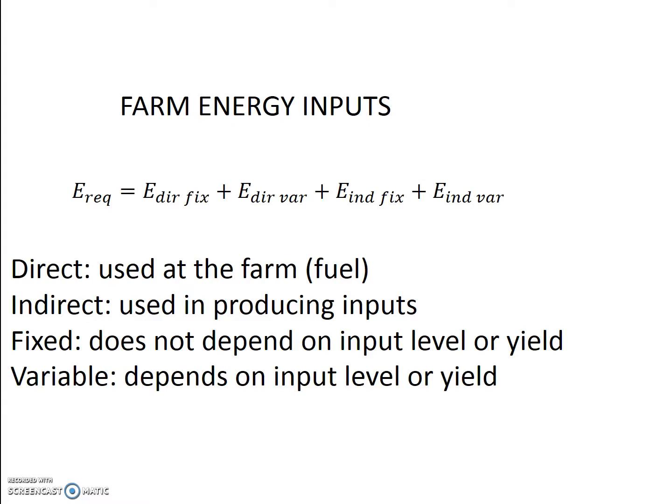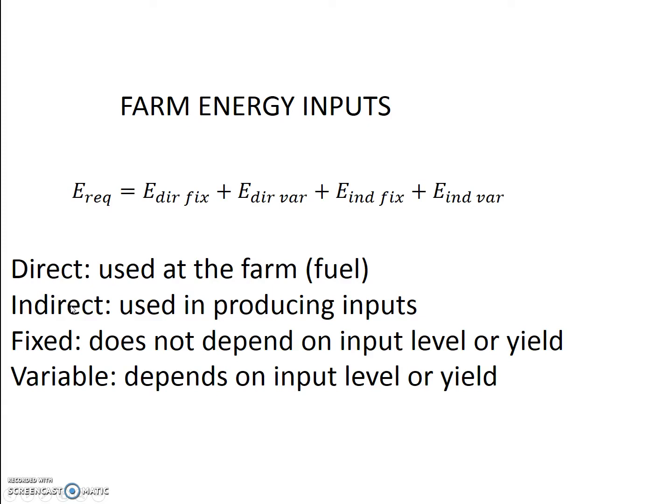Here we will consider that we have inputs that we call direct because they are used at the farm at the time when they are consumed, and we have indirect inputs, that is, the amount of energy used in producing the inputs.